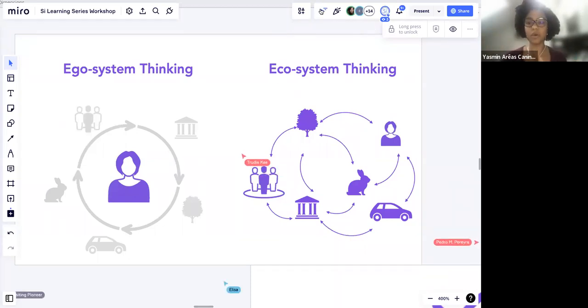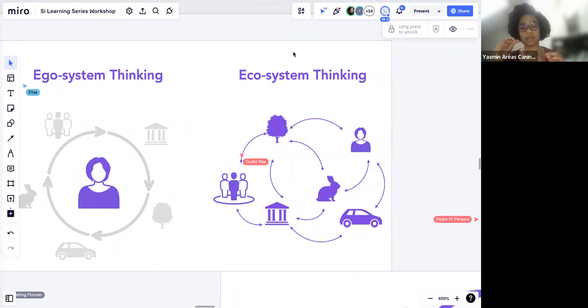But once we move to an ecosystems way of thinking, we look at ourselves and the supermarkets as just another agent, or another actor, in this whole system. So instead of looking at the supermarket as the cause of the rise of the price, we try to look at the system as a whole.